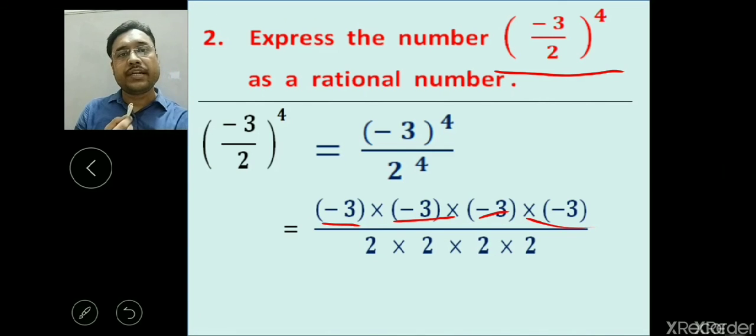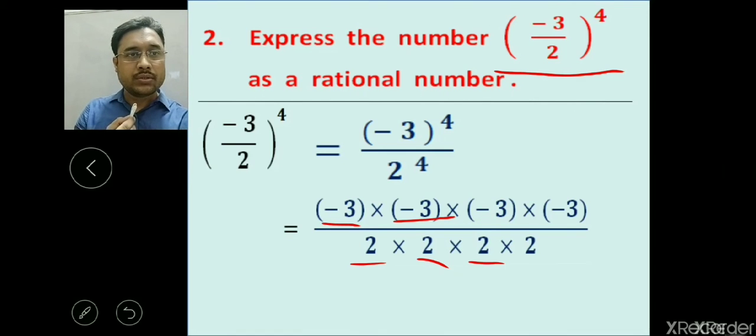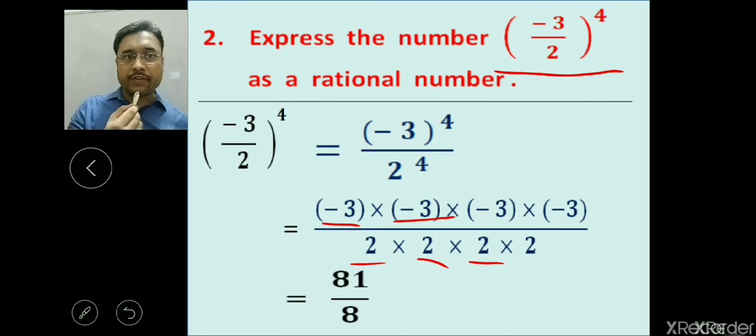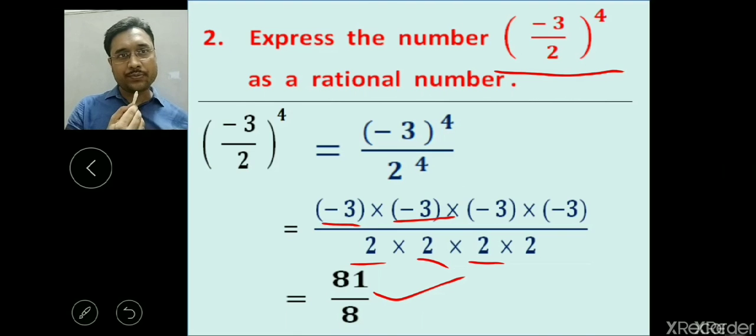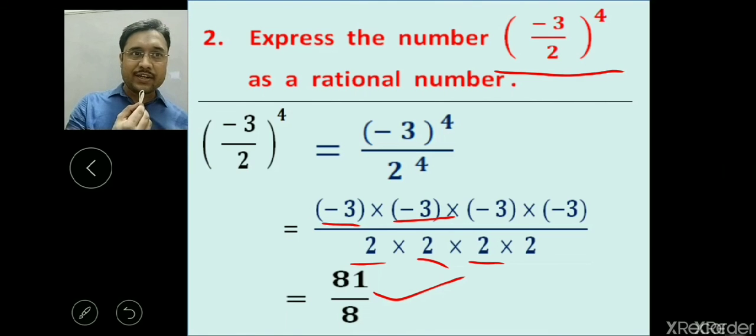And downside also 2 into 2 into 2 into 2, 4 times. Then the result is 81 by 16. Minus 3 multiplied 4 times is an even number of times, so the result is positive 81, and downside 2 to the power 4 is 16. Now this is the required rational number.